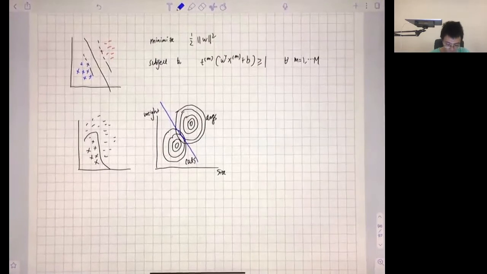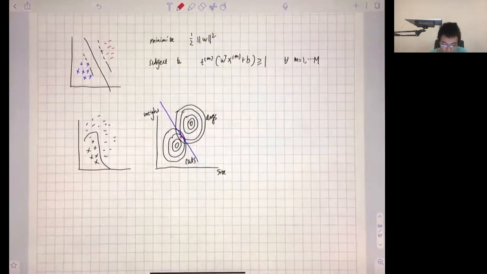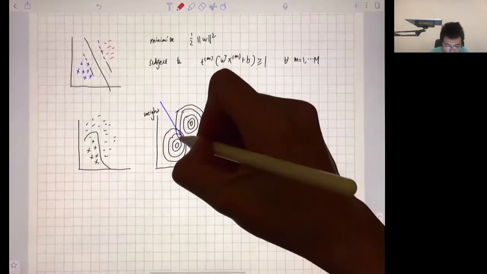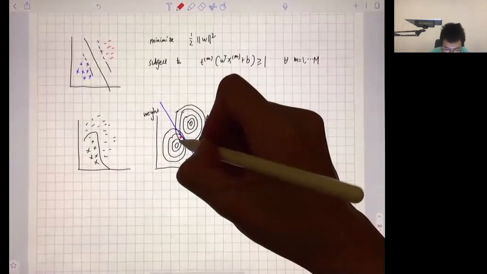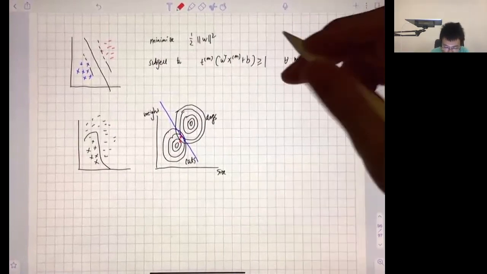But still, in this case, for an animal here, you can't tell which animal it is for sure. It can be either a dog or a cat, but if it's here, it's more likely to be a cat. If it's even closer to the center of the cat, it's even more likely to be a cat, but you cannot tell absolutely for sure.